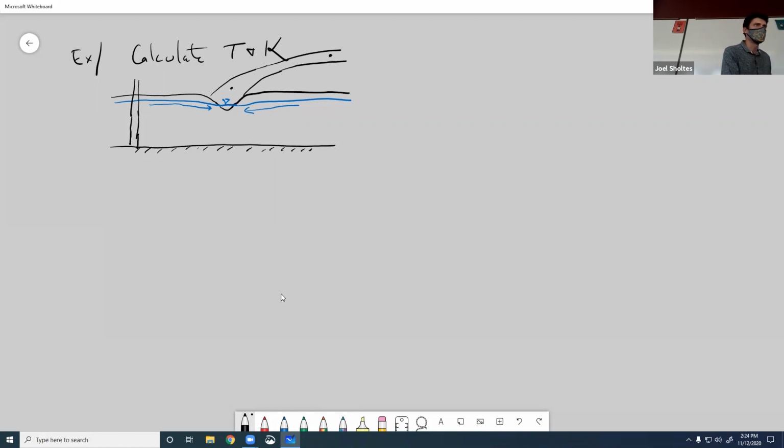We've got 2 observation points where we're measuring discharge. And between those points, we have 5,000 meters. The thickness of the aquifer is 50 meters.